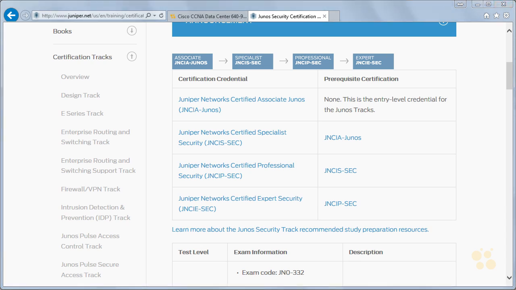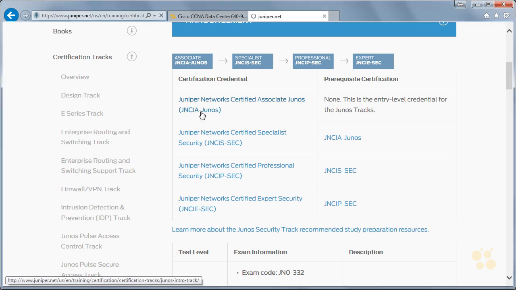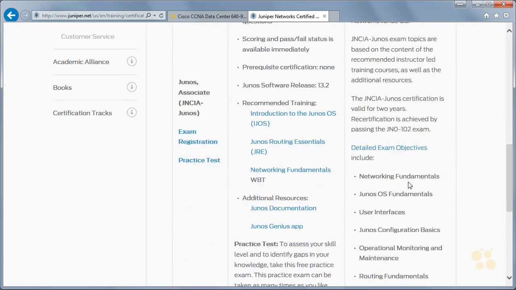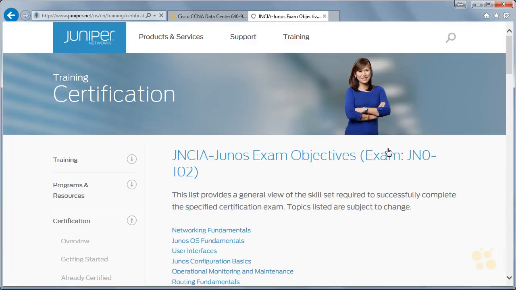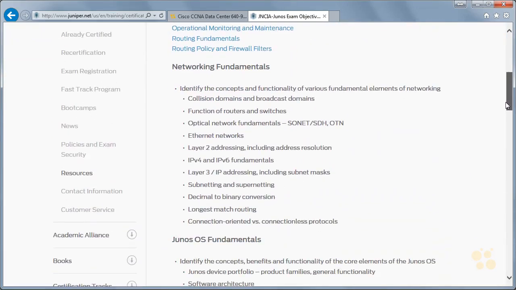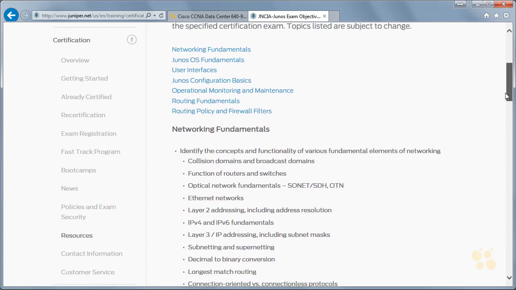Now, when I was deciding what exactly I was going to cover in these nuggets, I went to this particular associate certification and I went to the detailed exam objectives that they provide. And just so you don't have to search for these on your own, I put these in the Nugget Lab files for you.